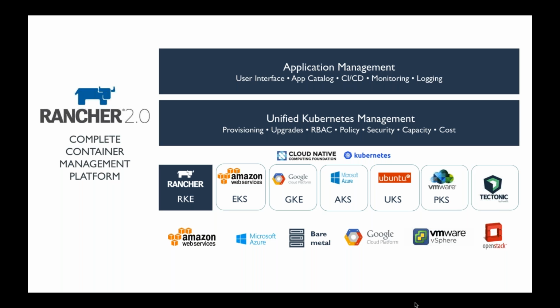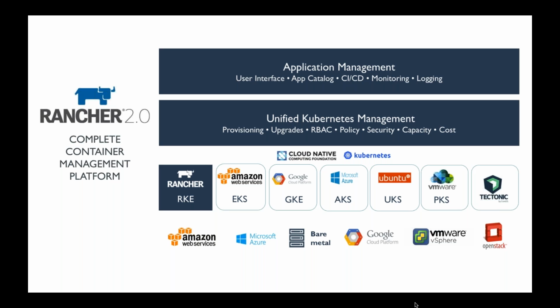The next slide here shows the Rancher 2.0 container management platform stack. Now, as you can see, here on the top is the application management layer, which consists of the user interface, the cool UI that Rancher 2.0 provides. Then there's also an application catalog, which has already available Helm charts that you can just click and launch various applications from.